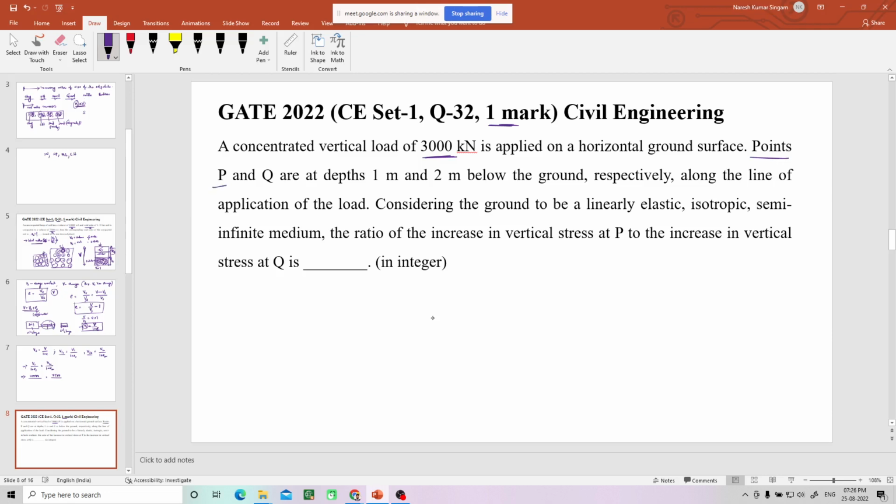Points P and Q are at depths of 1 meter and 2 meters below the ground level respectively, along the line of the application of the load. Considering the ground to be a linear elastic isotropic semi-infinite medium, find the ratio of the increase in the vertical stress at P to the increase in vertical stress at Q.